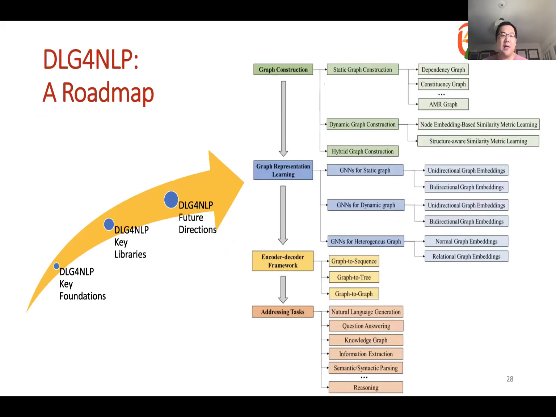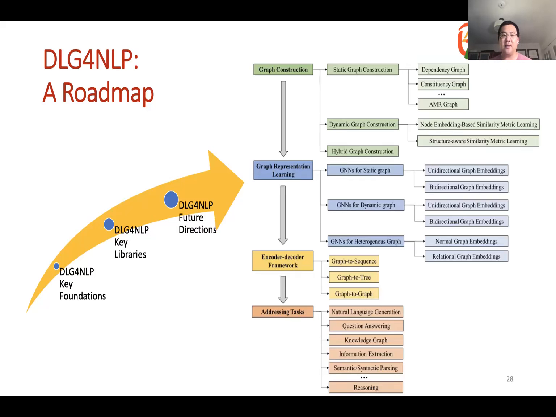Okay, so we have been talking about all the basic foundations of our topic, deep learning on graphs for NLP. Next, we will talk about the key foundations for DLG4NLP. We'll talk about graph construction, where we have static graph construction methods, dynamic graph construction methods, and also hybrid graph construction methods.